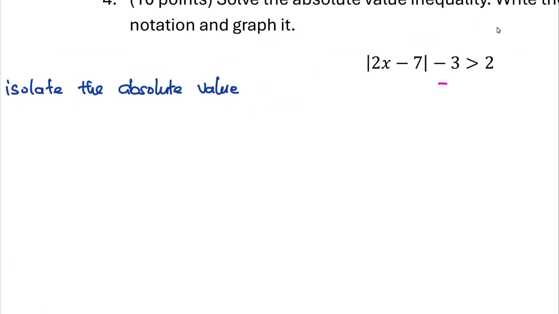So doing that, it means I need to add 3 to both sides, right? And I have 2x minus 7 greater than 5.